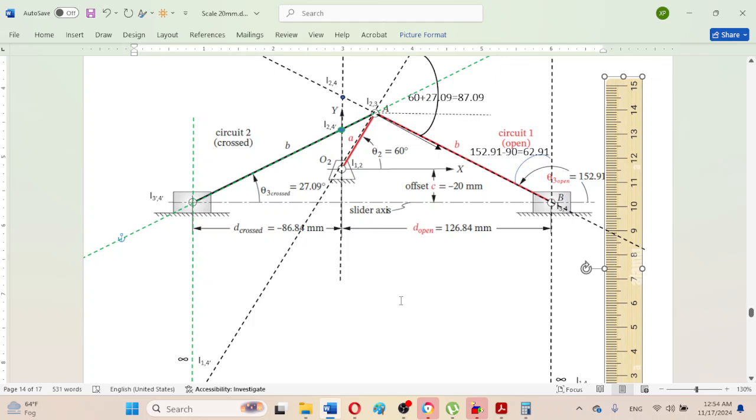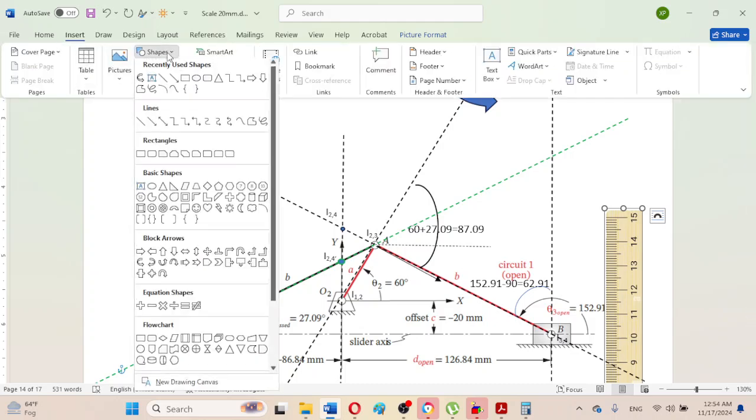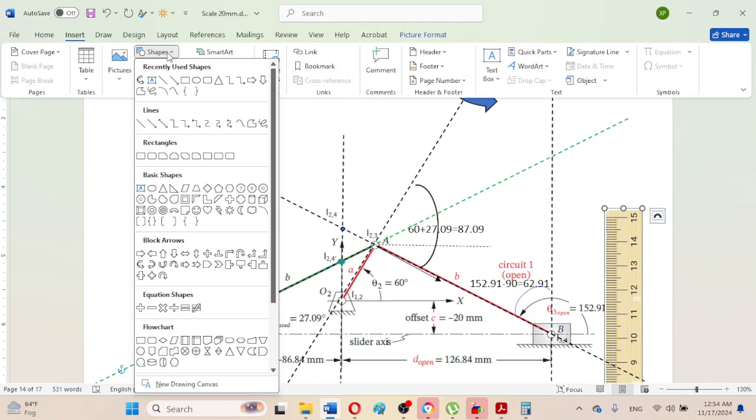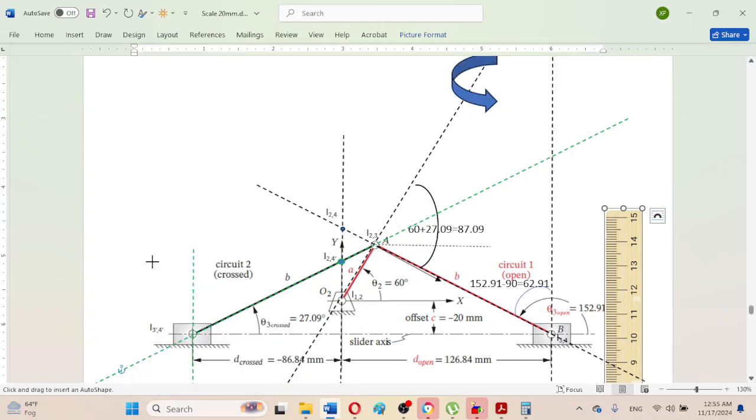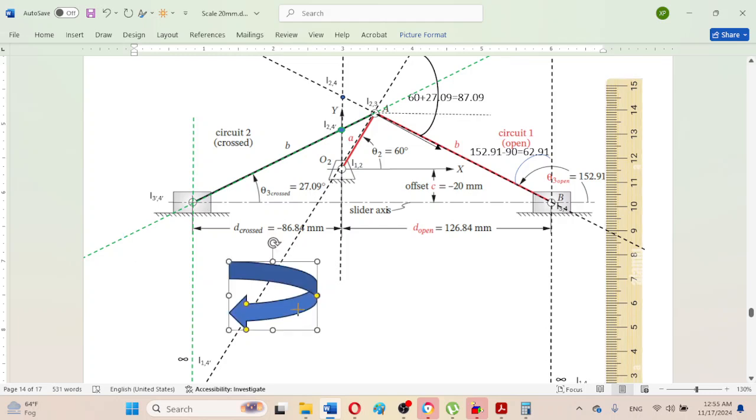So in the clockwise orientation it is moving. So that means I can, for example, just insert here some suitable arrow and I can show here that this is actually the velocity orientation of the connecting rod. So the direction of rotation is clockwise.